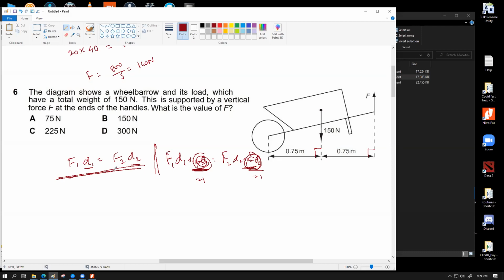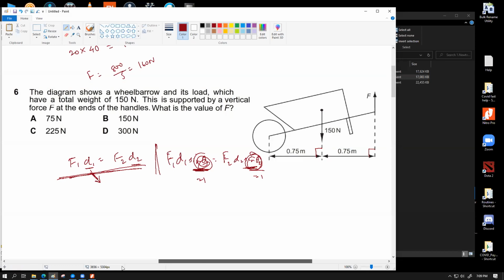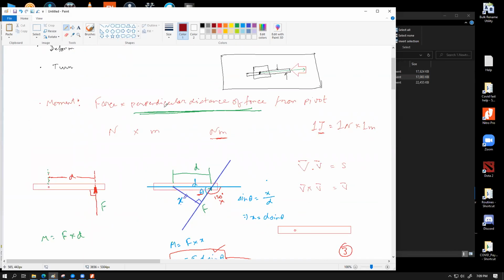Now, students always write this question correctly except for one mistake, which I will show you. What was D defined as? What was the definition of D? Let me show you to help you remember. Perpendicular distance of force from the pivot, right?